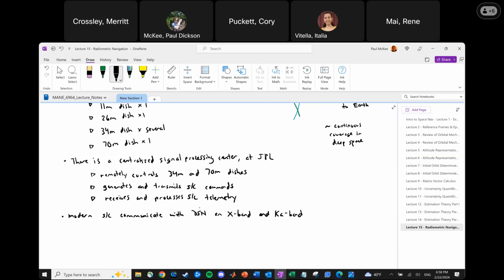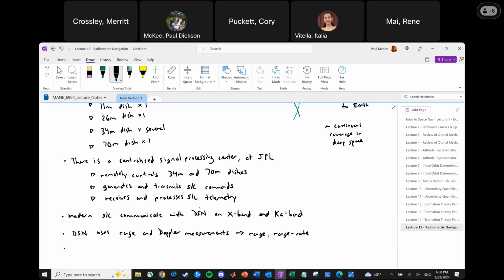And so the DSN does not just use range measurements, it uses range and Doppler measurements, so that's essentially range and range rate.